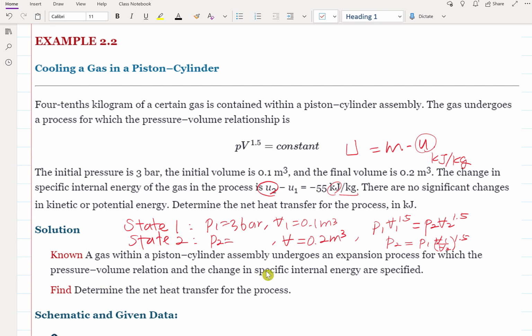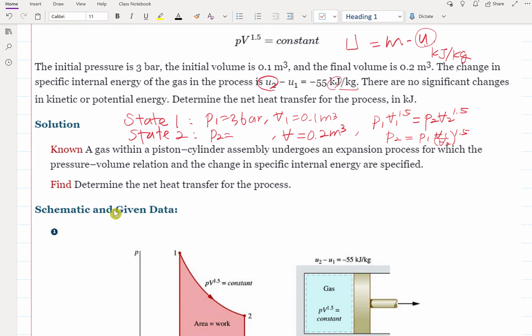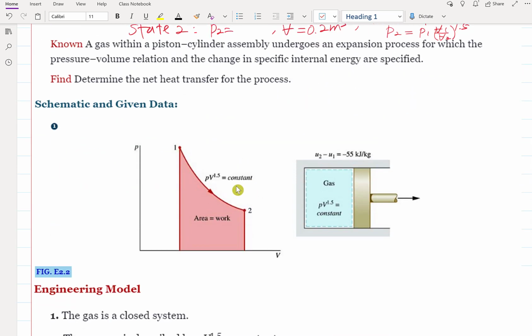And specific internal energy is specified. And we need to determine the net heat transfer for the process. So the process can be drawn on a PV diagram. Pressure decreases, volume increases. It's an expansion process.